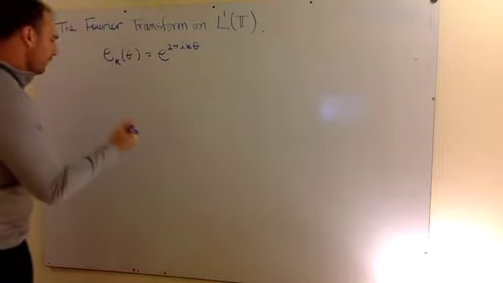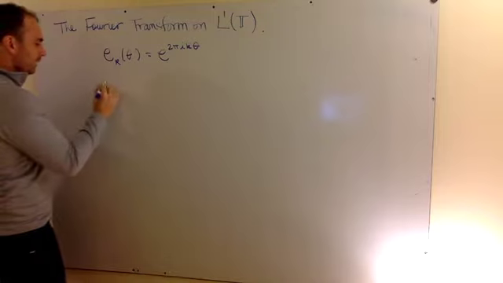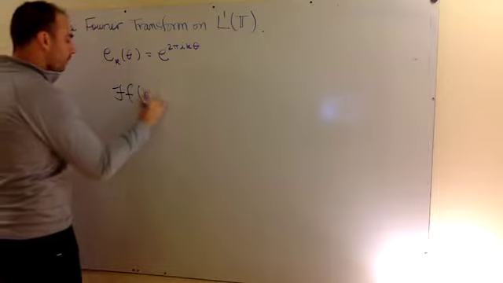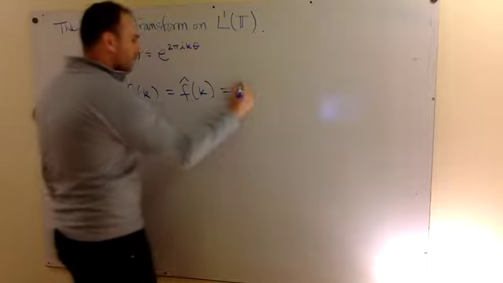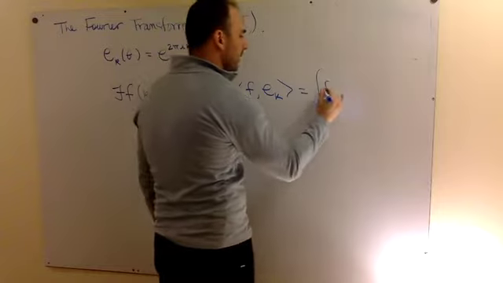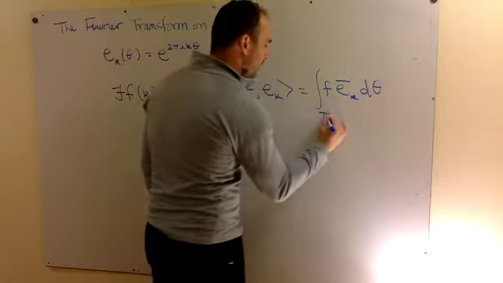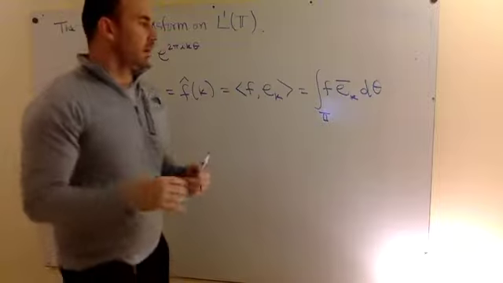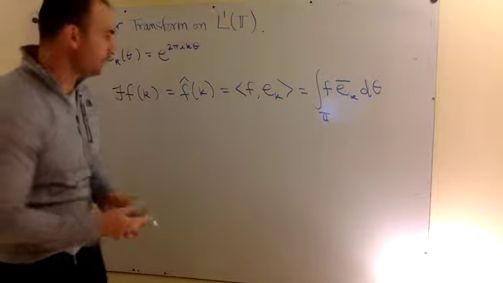And so we use the fact that these things are an orthonormal basis and the Hilbert space theory, and we get that if I define the Fourier transform, f hat of k, as the inner product of f with e_k, that is the integral of f times e_k bar d theta over T, and by the way, T, remember, is R mod Z, or you can think of it in the complex plane, but really it's just 0 to 1.